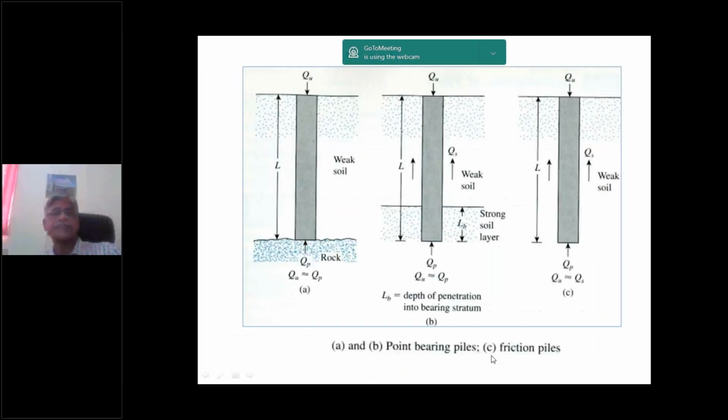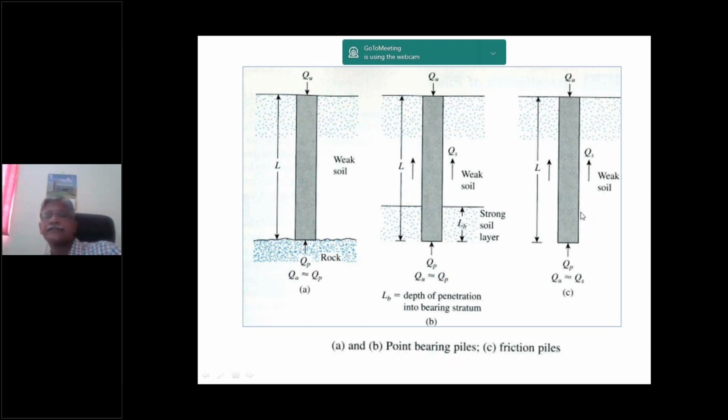In the case of weak soil over hard rock, the capacity is merely derived as ultimate capacity equal to the end bearing resistance QP. And in the case of strong soil and weak soil, the ultimate capacity is equal to QP, the end bearing resistance in that particular strong layer.